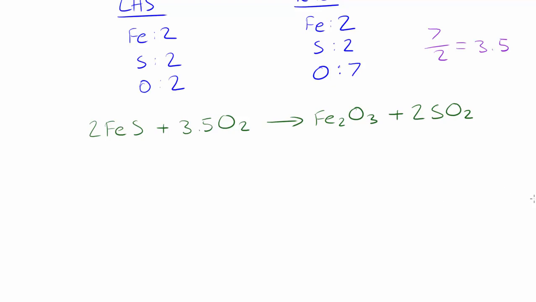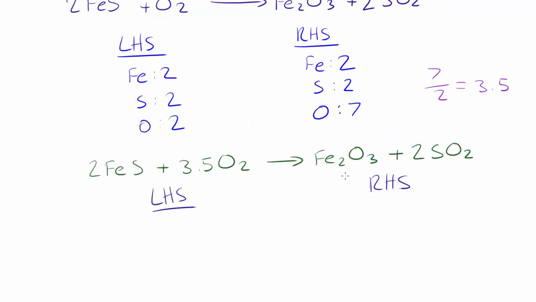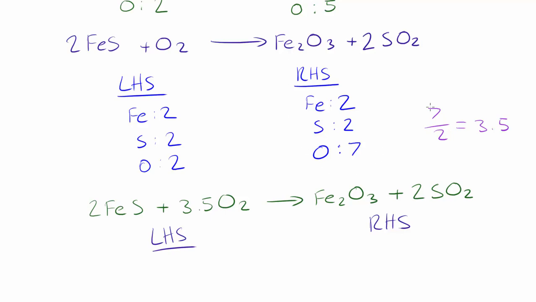Now, if we then give consideration to both sides again, so left hand side and right hand side, right? In this particular iteration, as you can see, we did not modify anything on the right hand side just now.